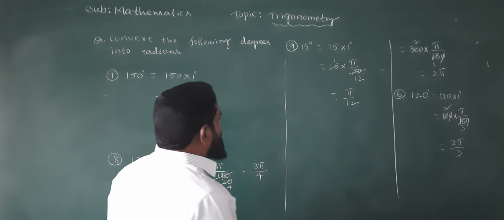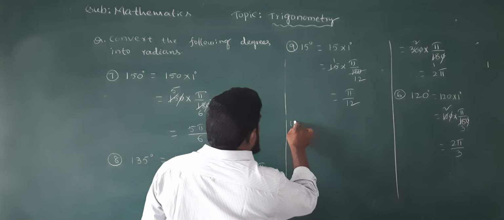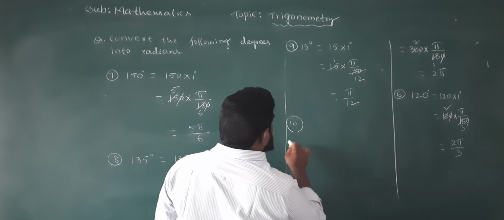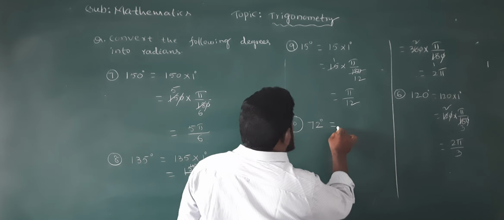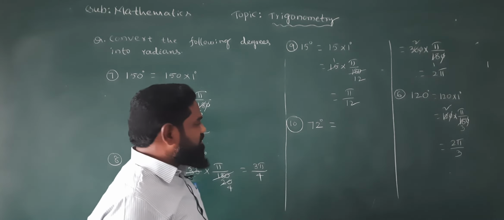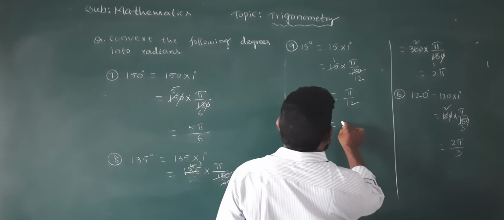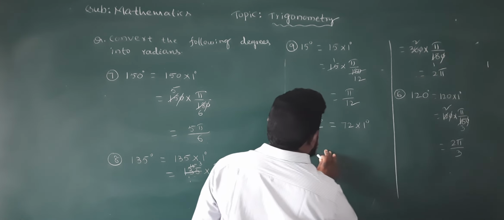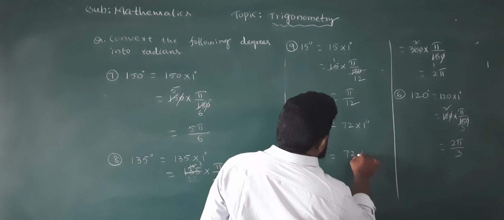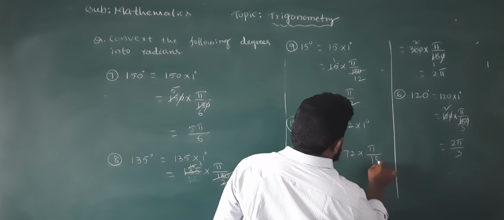So many problems are there. We can do them. One more thing. Let us convert 72 degrees. How do we convert it? Like this. 72 into 1 degree. Whatever it may be, write like this. Pi by 180.